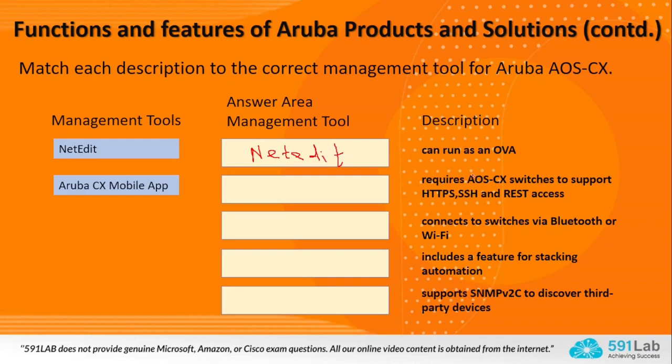Now the second description requires AOS-CX switches to support HTTPS, SSH and REST access. This is required for NetEdit because NetEdit needs switches to support these protocols. This is also NetEdit because NetEdit uses, for example, REST access to discover these devices.